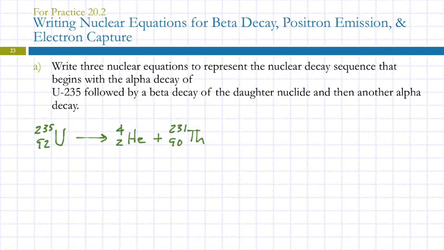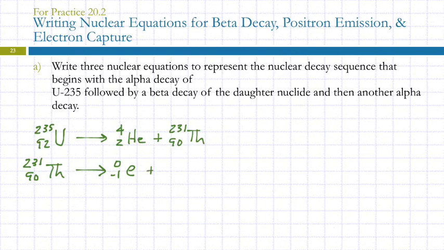The second one is that daughter, the thorium-231, undergoing beta decay. So what's the symbol for a beta particle? 0, -1, e. It's an electron.